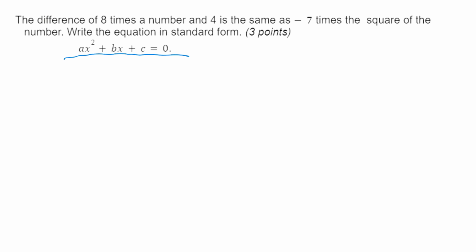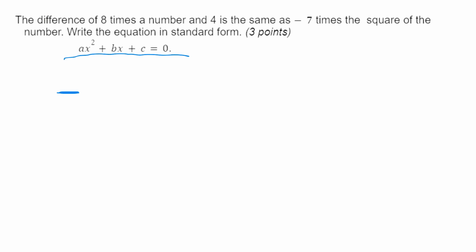So let's try to identify this one. The difference, what does difference mean? Now you have to be very careful. When you say difference, in math it means subtraction. So difference is minus, of 8 times a number.